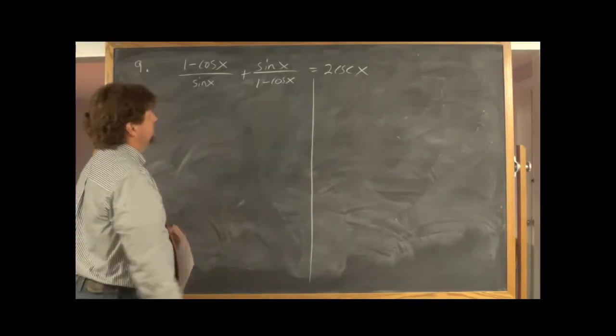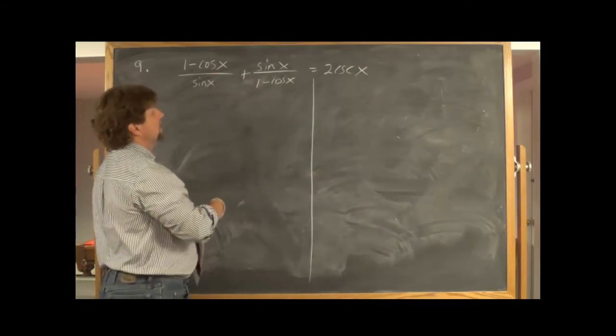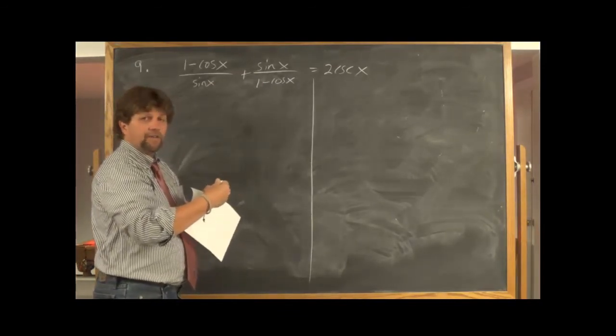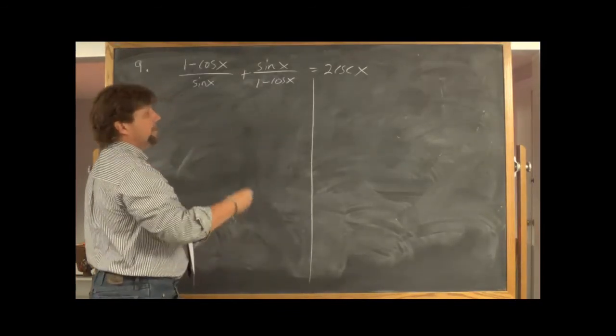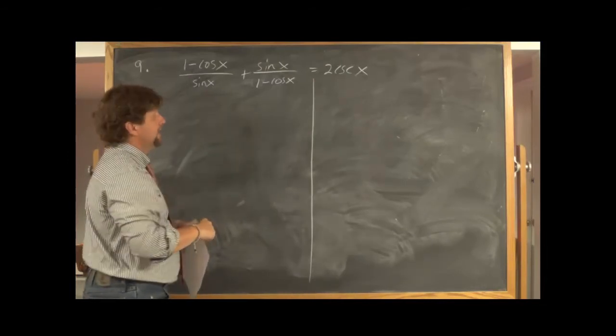Here's how I begin on the left side. I have 2 fractions. So why don't I find a common denominator and then turn it into 1 fraction once I get a common denominator. The common denominator is sine x times 1 minus cosine x.